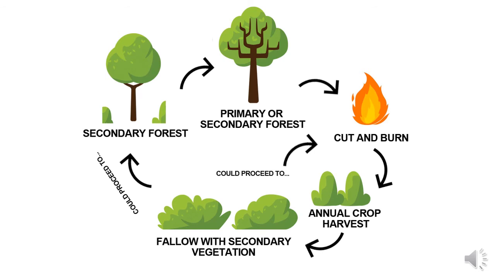As that happens, you get about 1 or 2 planting seasons out of this form of agriculture, and then your yields start to decrease. Okay, so the idea is you would leave it fallow.